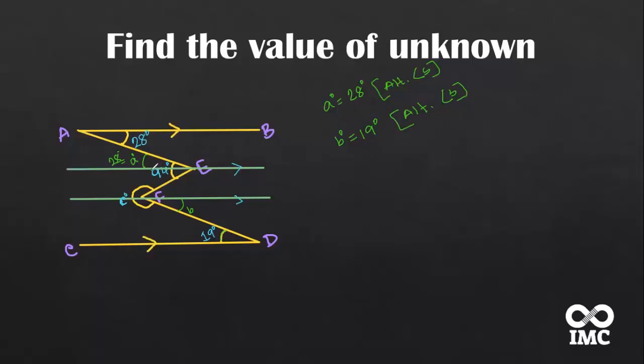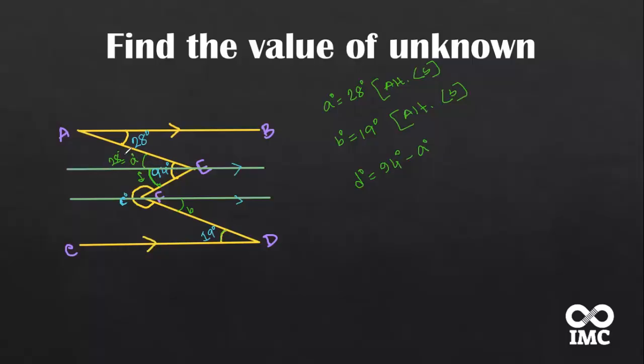Now, look at this. If I want to find out this angle right now, this one, I think you have seen this one properly. This one will be found by subtracting 28 from 94. So if this one is called D, then D degree will be 94 degree minus A, because A and D degree will make 94 degree.